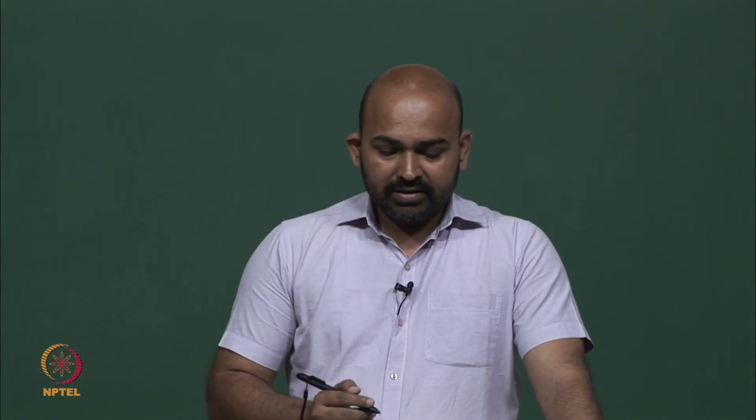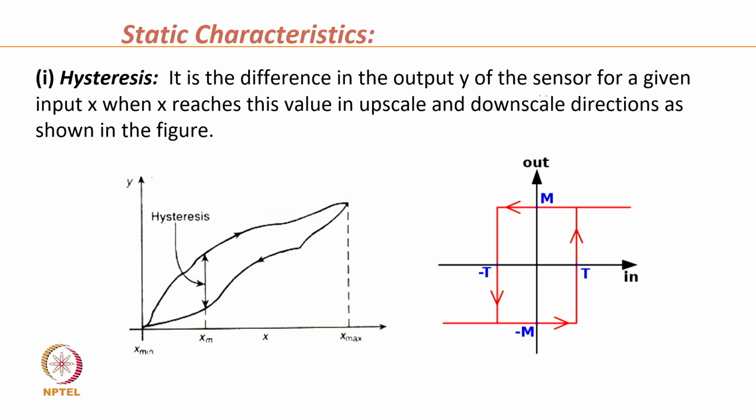Next characteristic is hysteresis. So, hysteresis is the difference in the output of the sensor for a given input x when x reaches its value in upscale and downscale direction. Means we have an input range, let us say from x min to x max.